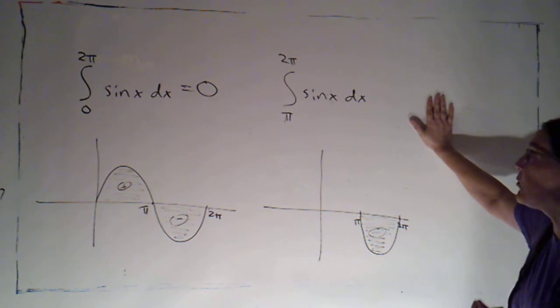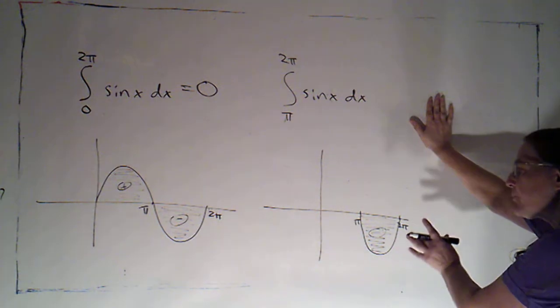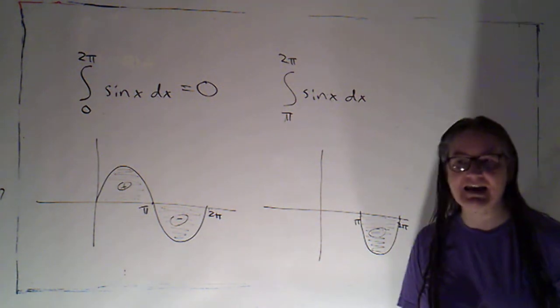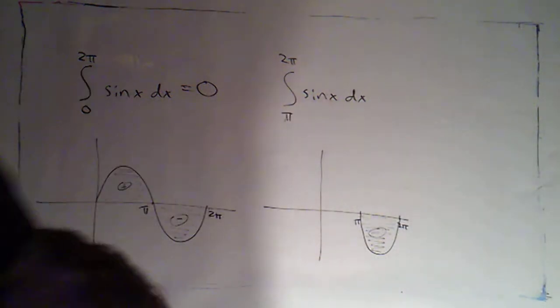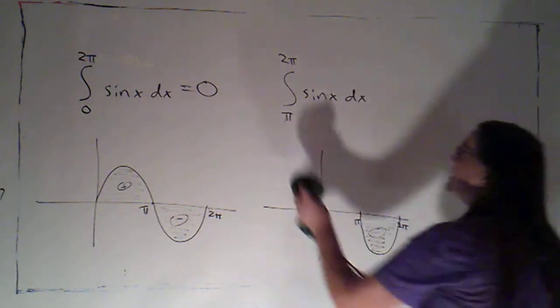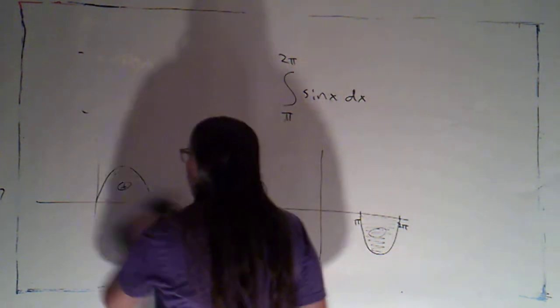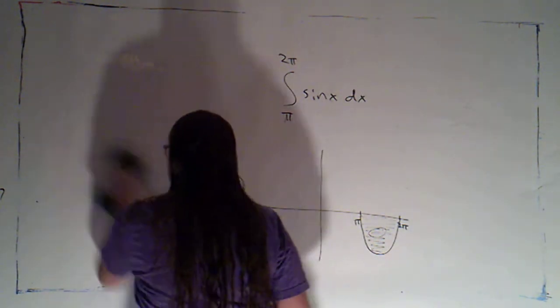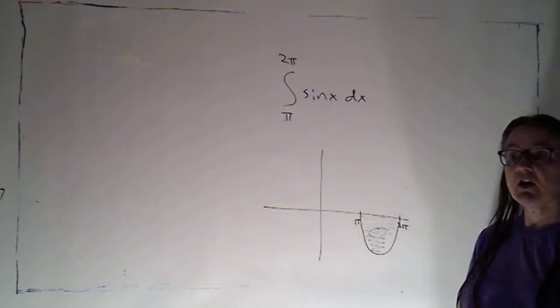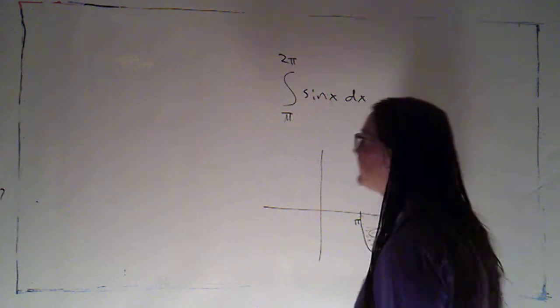In section 5.1, I can use Riemann sums to approximate signed area. So in 5.1, we were using Riemann sums to approximate area because our heights were always positive and our areas were therefore always positive. Now, I'm just going to use a Riemann sum to approximate a signed area.